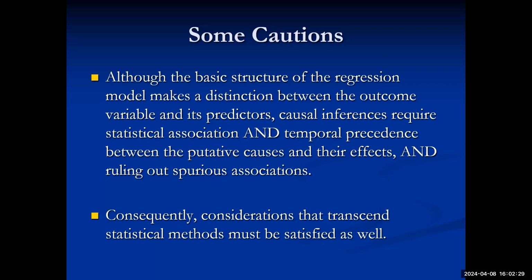Although the basic structure of the model makes a distinction between the outcome and the predictor variables, and that distinction raises the specter of causality, we have to remember that causal inferences are based not only on statistical association, which our regression model can help us establish, but also other things, like temporal precedence between the predictors and the outcomes, or the putative causes and their effects, and also ruling out possible spurious associations or third variable influences.